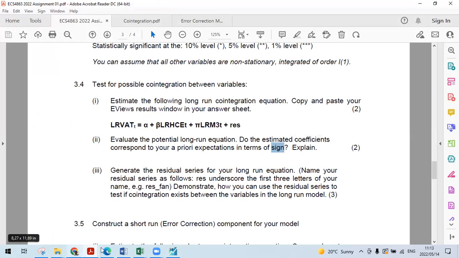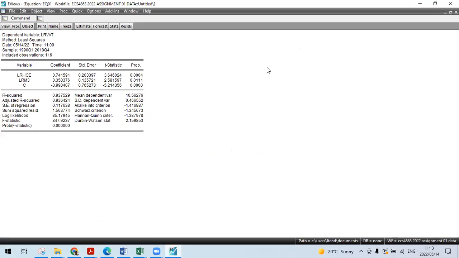What do you think in terms of the sign? Can you see the dependent variable is here, right? This is the dependent variable versus this one. In terms of the sign, the coefficient here is positive.